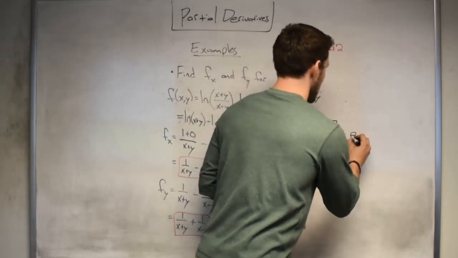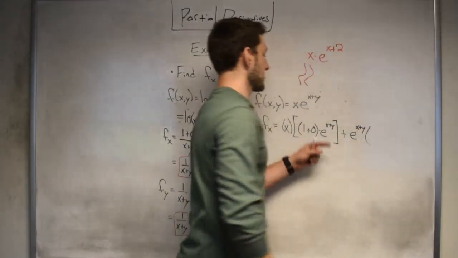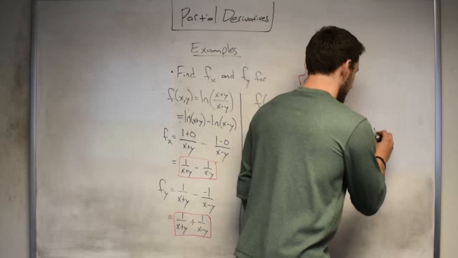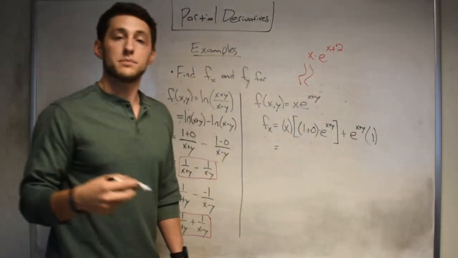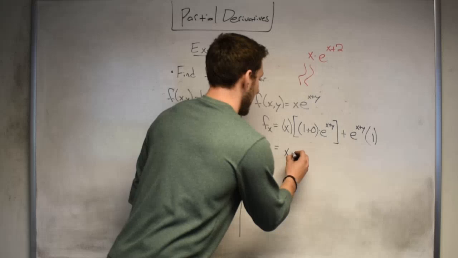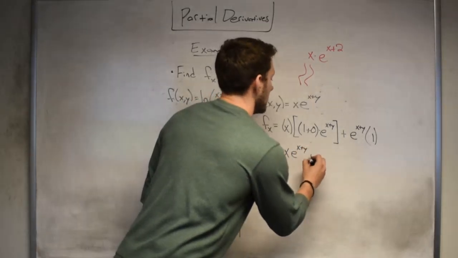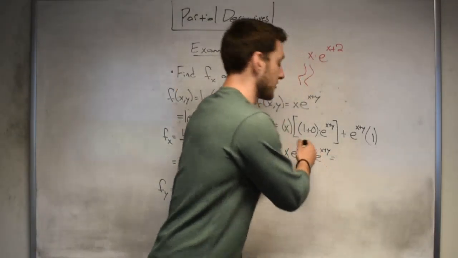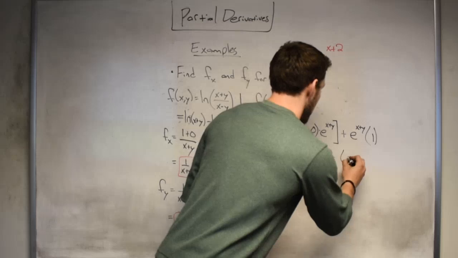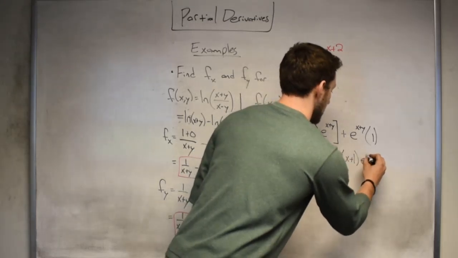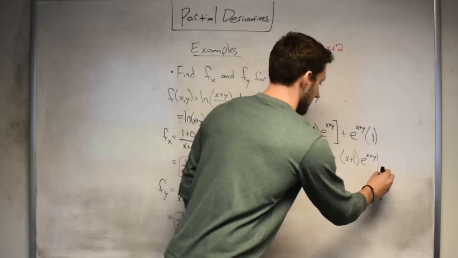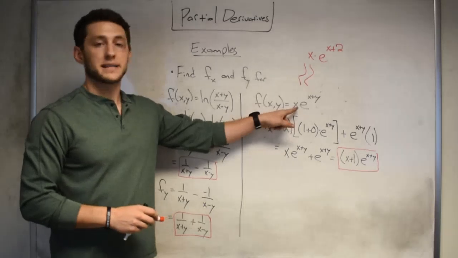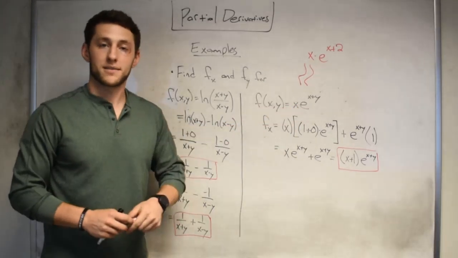Plus second e to the x plus y times d first. The derivative of x with respect to x is just 1. Ultimately leaving me with the answer of x times e to the x plus y plus e to the x plus y, which you might see written after factoring out e to the x plus y as x plus 1 times e to the x plus y. It's a product rule because we're deriving with respect to x. And I have two terms regarding x.